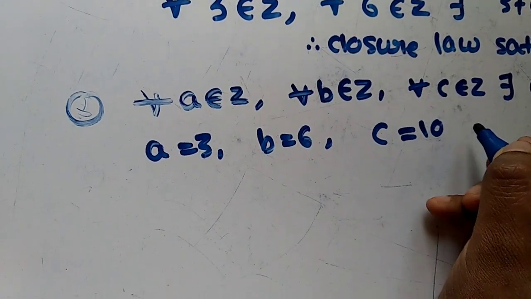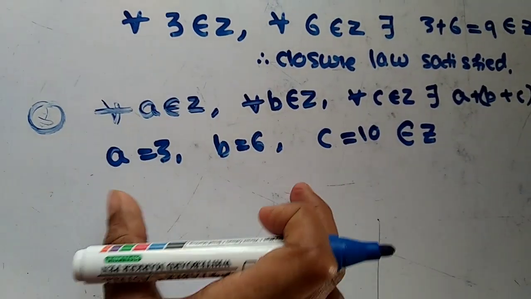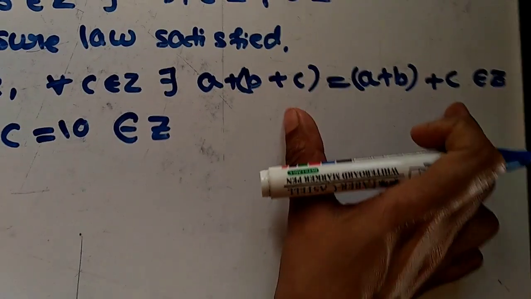These all belong to Z. Now just put these values into this condition.